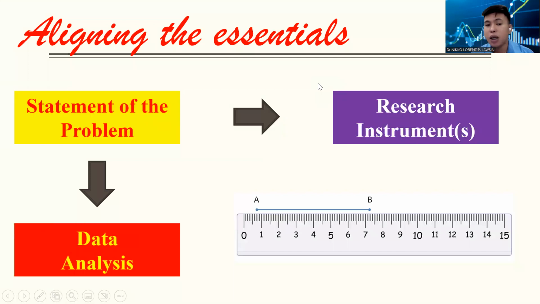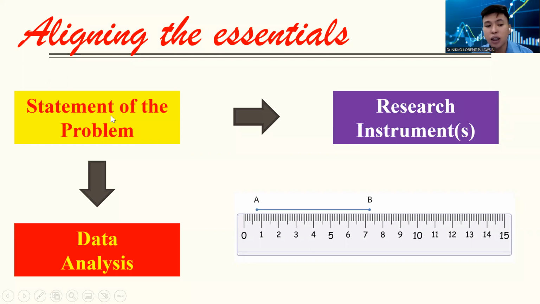Now, the next topic will be about research instruments, but let's recall the essential part of research. Your SOP or statement of the problem should be aligned with your research instrument. And each SOP should be accompanied with proper data analysis protocol or procedure.